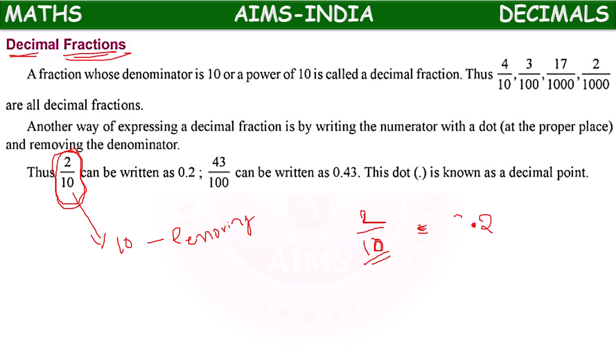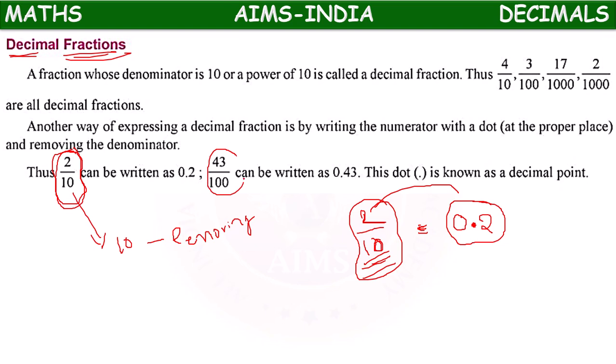Before that there is nothing, so we can keep 0, giving 0.2, and we can remove the 10. So this is one way of representing a decimal fraction, by removing the denominator and keeping a point at the proper place. Both are considered decimal fractions.